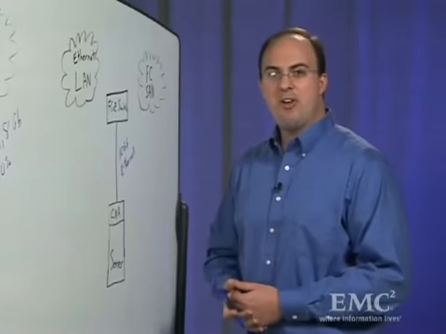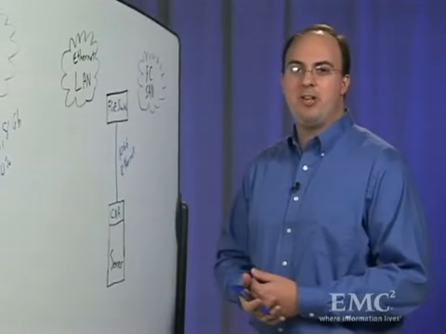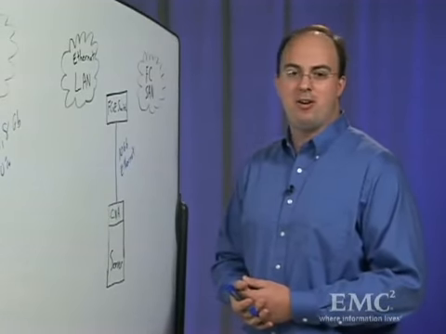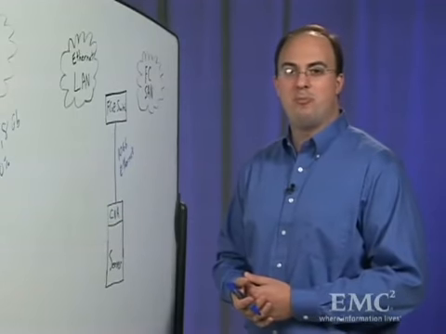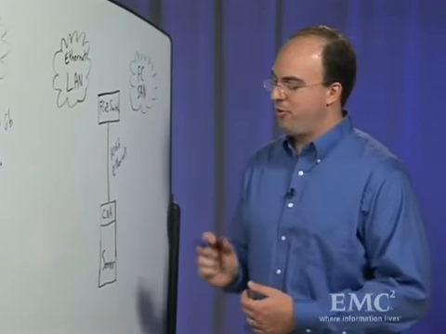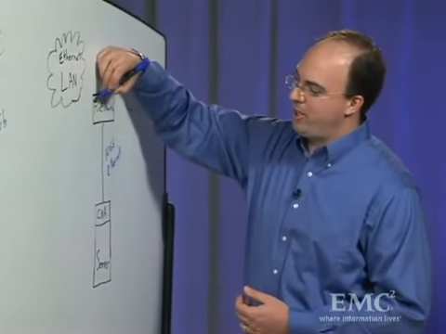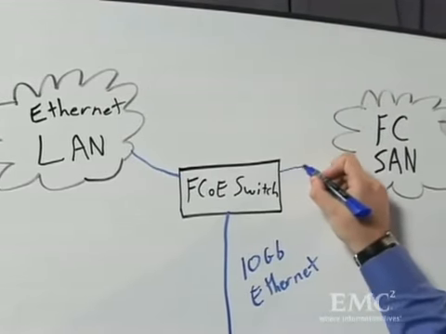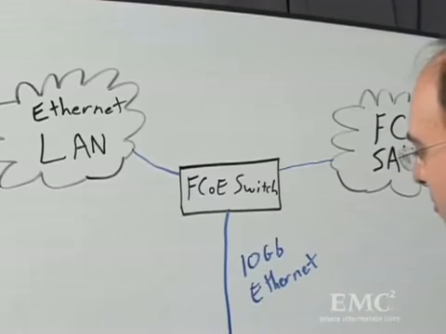So while Ethernet is ubiquitous, 10 gigabit Ethernet is still rather rare in customer environments in the data center, so there will need to be some new infrastructure built for this. The FCoE switch, in addition to attaching to the CNA, will give us Ethernet connectivity to my existing LAN and Fibre Channel connectivity to my existing SAN.